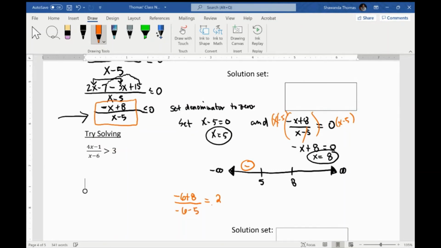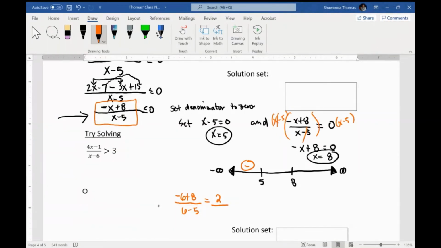All right, over negative. Oh, why am I doing negative 6? Yeah, it is positive. He was right. I said it wrong. So is it negative or positive?